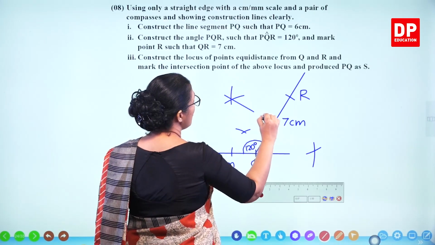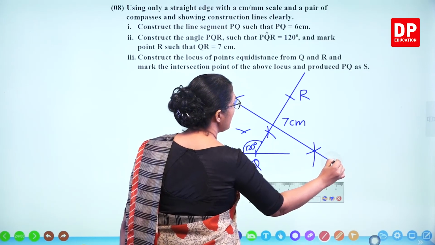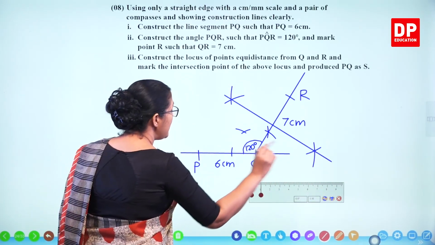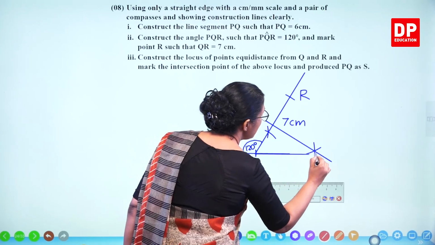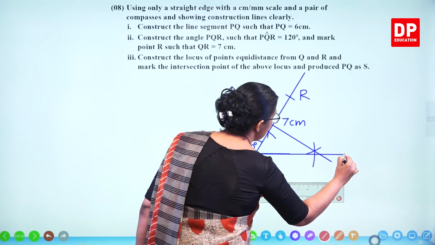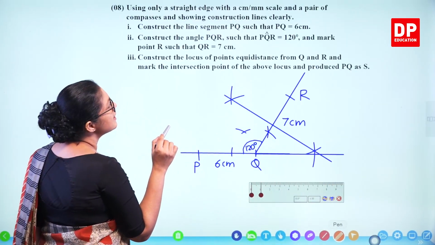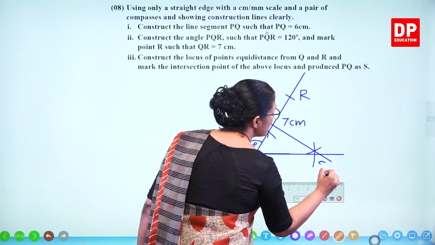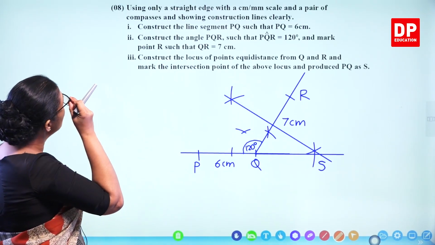So we can join this point and this point. That's the perpendicular bisector and we need to extend PQ line. So we'll extend PQ line. The intersecting point of the 2 lines is S. So this is S. So that's the first 3 parts.